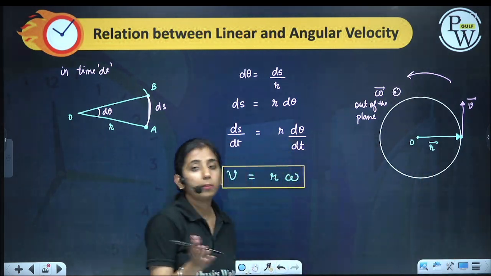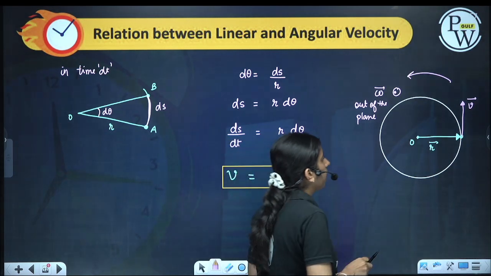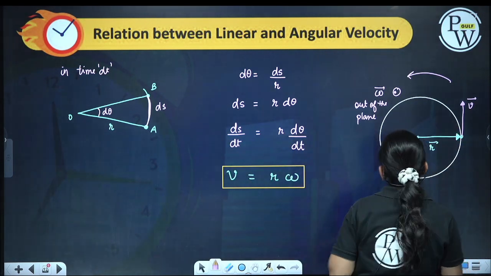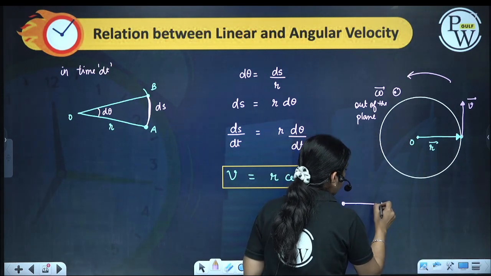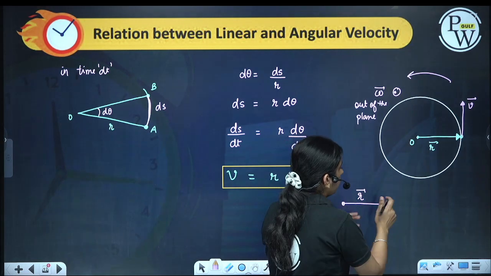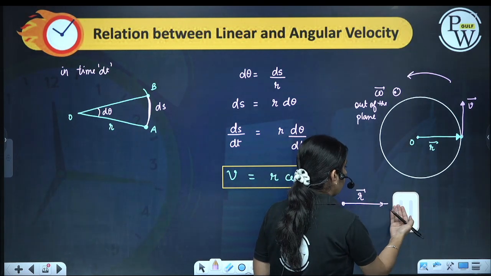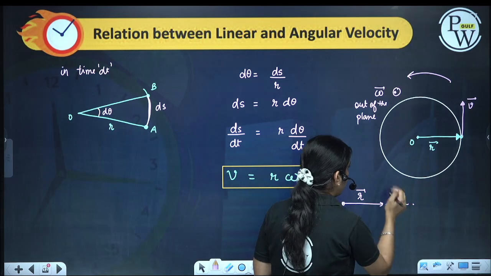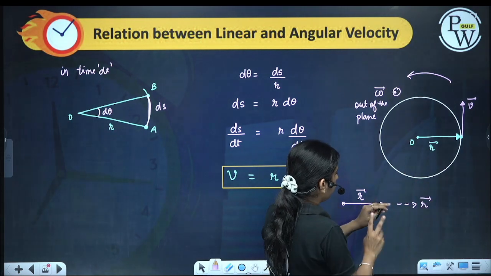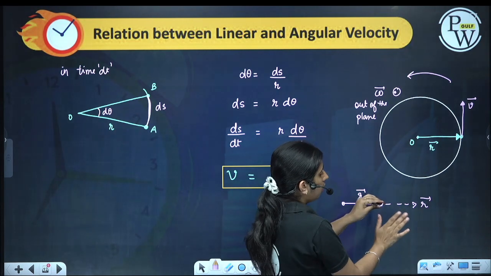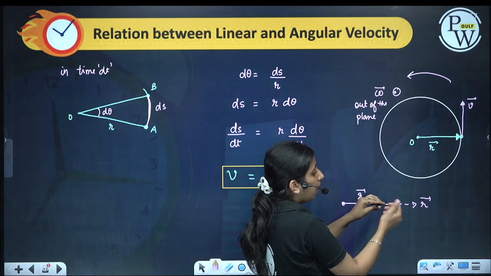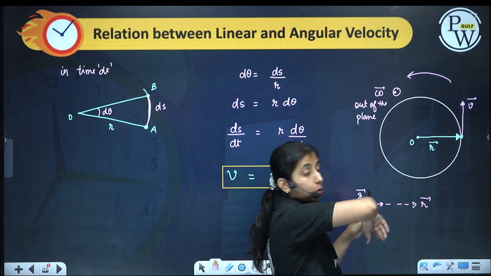Now see here: this is my r vector and this outward one is my omega vector. Do omega cross r, and it gives velocity. Do r cross omega, and it gives the direction opposite to velocity.